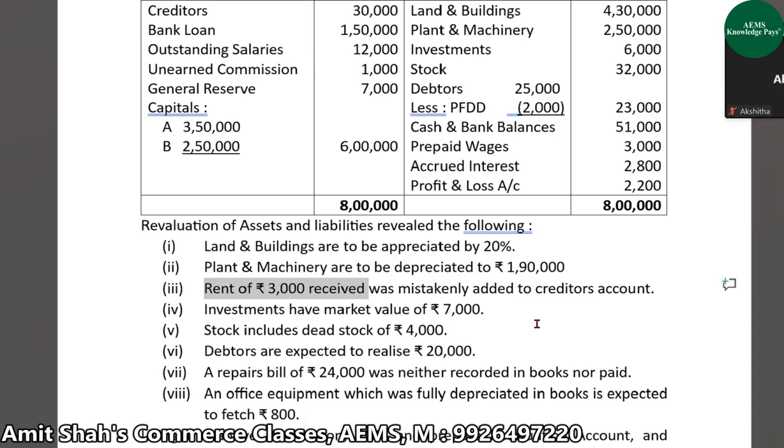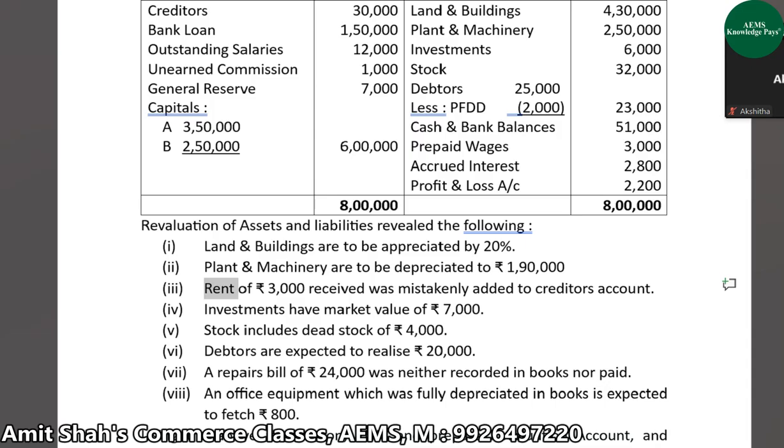They debited cash or bank account correctly, but instead of crediting rent account, they credited creditor's account. Means they increased their creditors. What they should have increased is their income, that is rent. If they had credited rent account, it means their income would have increased. Yes or no, guys? I'm asking you all.